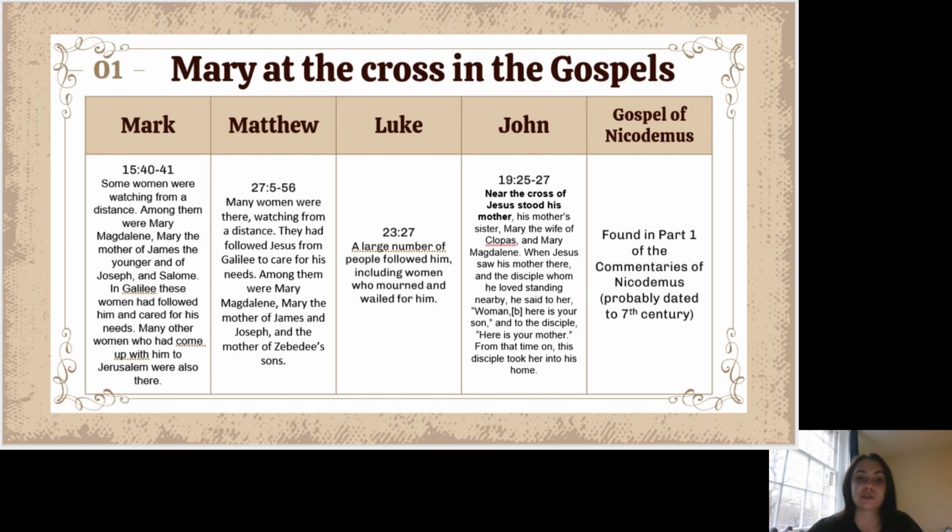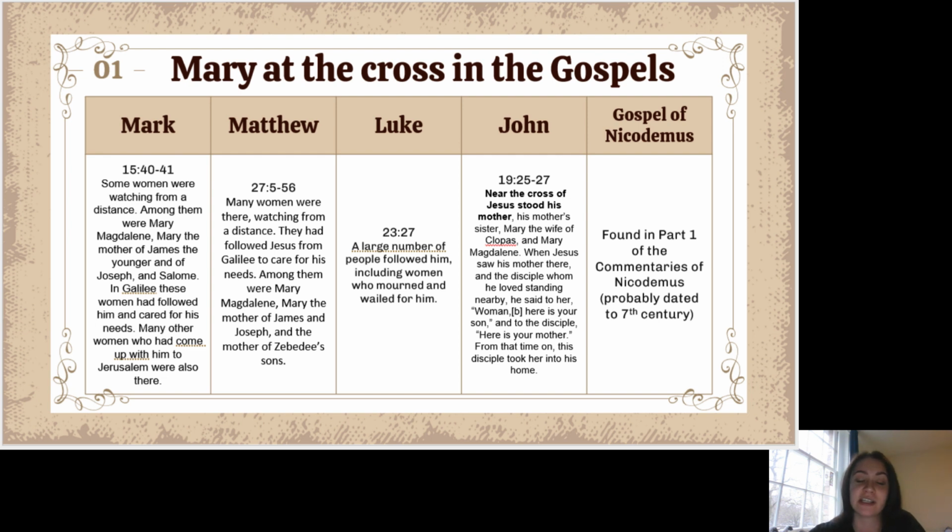So when we look at the Gospels of Mark, Matthew, and Luke, although Luke is most often described as the gospel about women because it features a lot more women than some of the other gospels do, John in chapter 19, verse 25 to 27, is where the author speaks about the crucifixion and specifically addresses Mary's presence at the foot of the cross and also specifically mentions her.